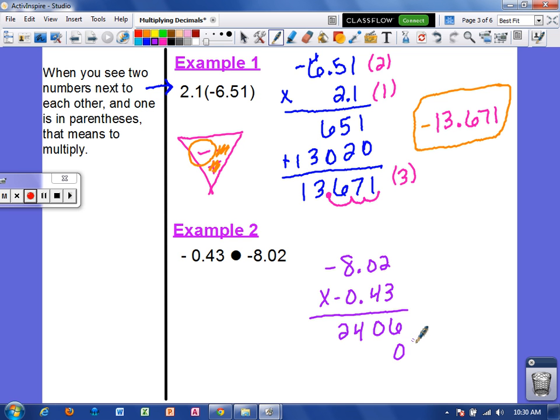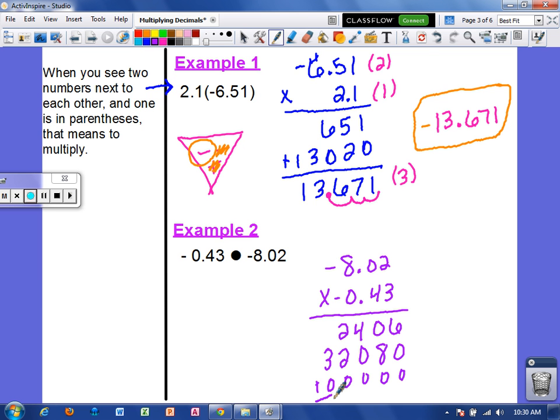Now I'm going to put my placeholder. 2 times 4 is 8, 0 times 4 is 0, and 8 times 4 is 32. Now I need to multiply by this third number, but it's just 0. So even if I put my 2 placeholders here and I multiply, I'm just going to get a bunch of zeros.